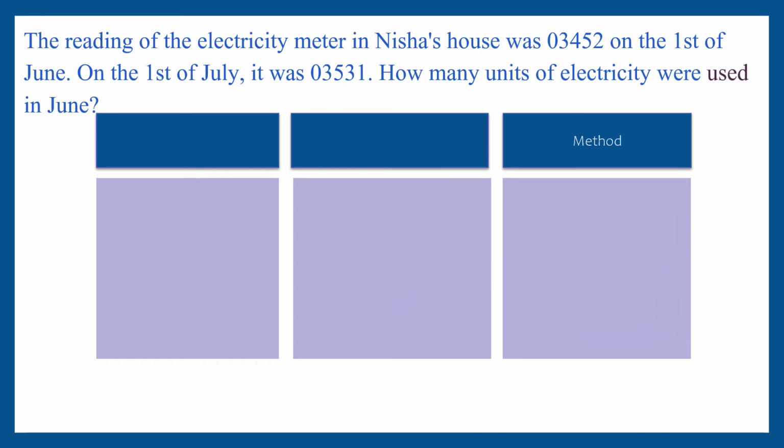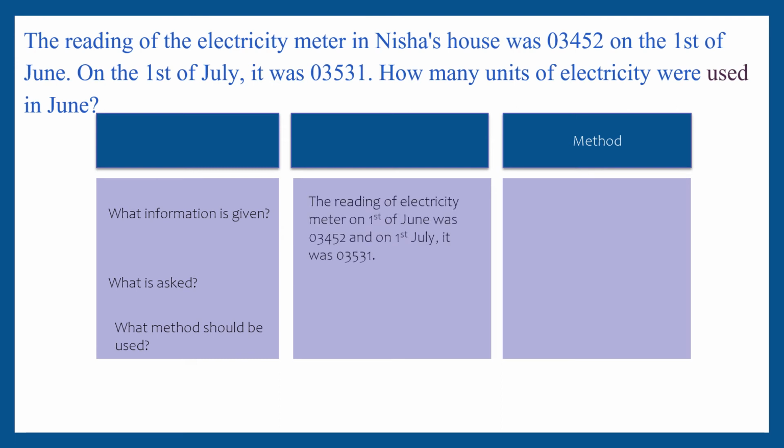In the first column we will write what information is given, what is asked, what method should be used. Now in this question the information given is the reading of electricity. So we will write the reading of the electricity meter on 1st of June was 3452 and on 1st of July it was 3531.